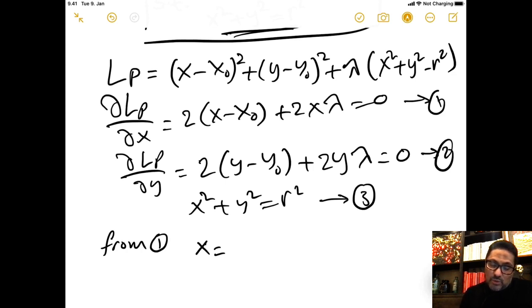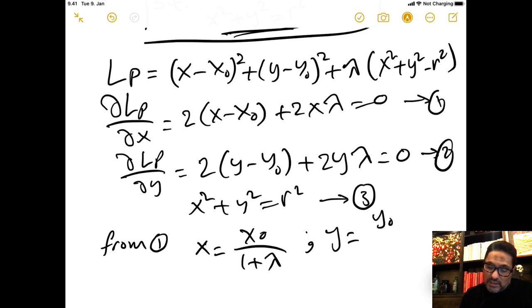We can put x0 on the other side, and then we can take x as a common factor, so it becomes 1 plus lambda. So we have x equal to x0 over 1 plus lambda. You can easily find this from equation 1. And from equation 2, we have also the same: y equal to y0 divided by 1 plus lambda.